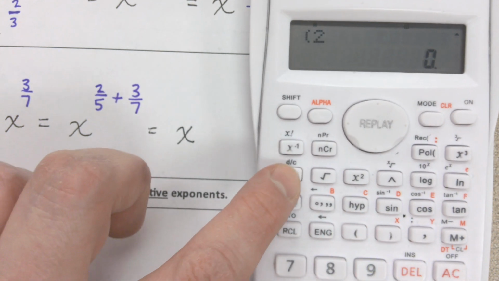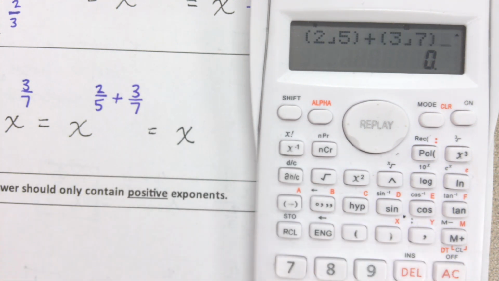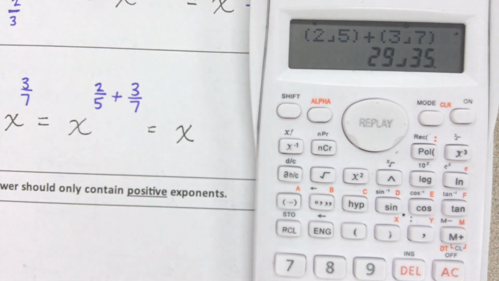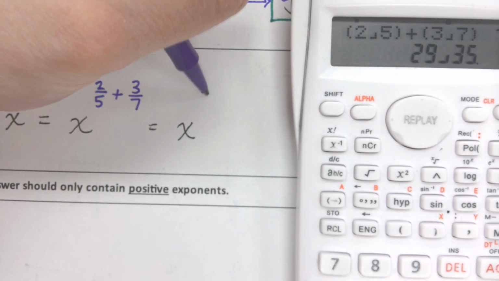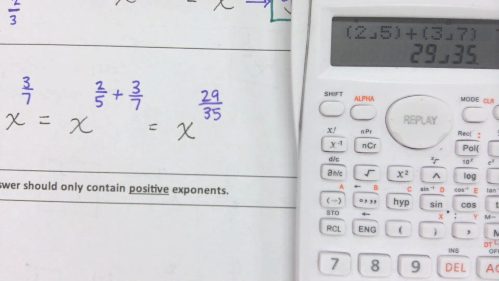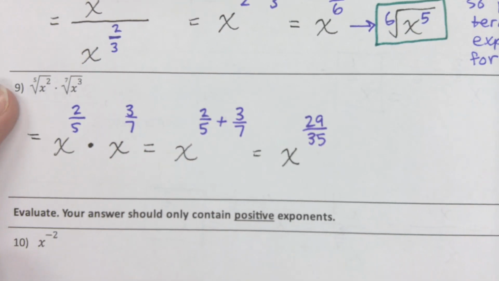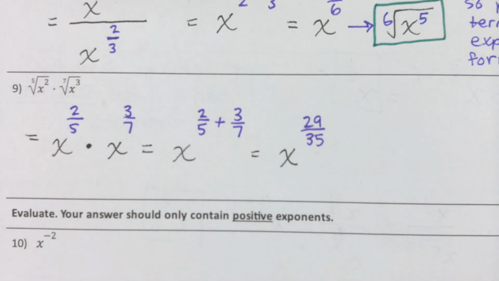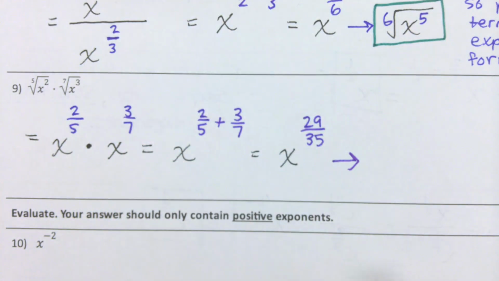We have 2abc5 plus 3abc7. 29 over 35. Reminder, we started with radicals, we end with radicals. As a fraction, I don't think it looks too bad, but it's going to look really ridiculous in the other form.